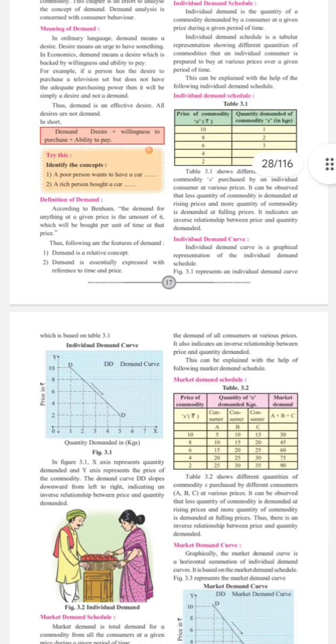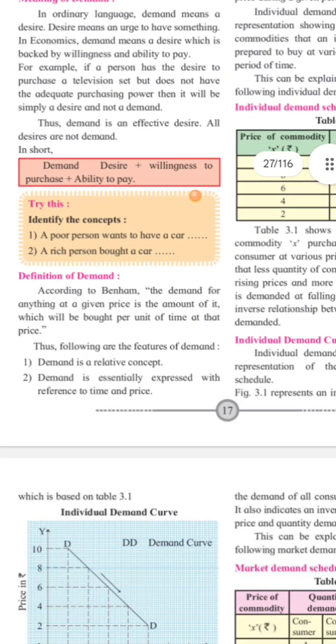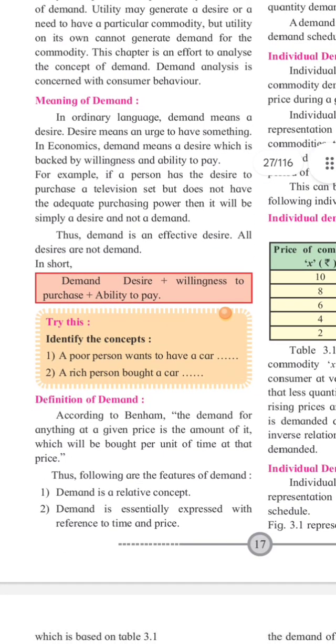So meaning of demand, you can see here. In ordinary language, demand means desire, but in economics, desire alone is not a demand. So for a desire to become demand, two more conditions are necessary, that is willingness to buy and the ability to pay.